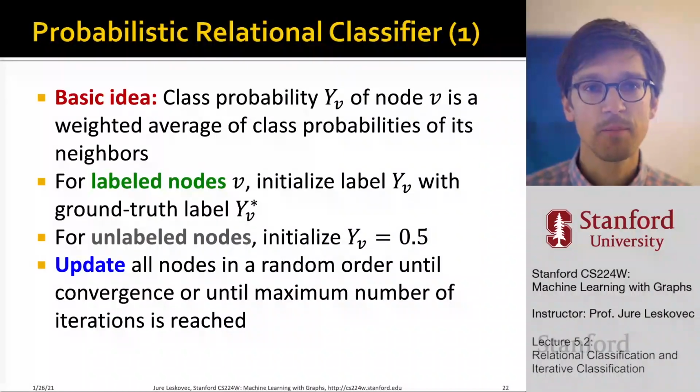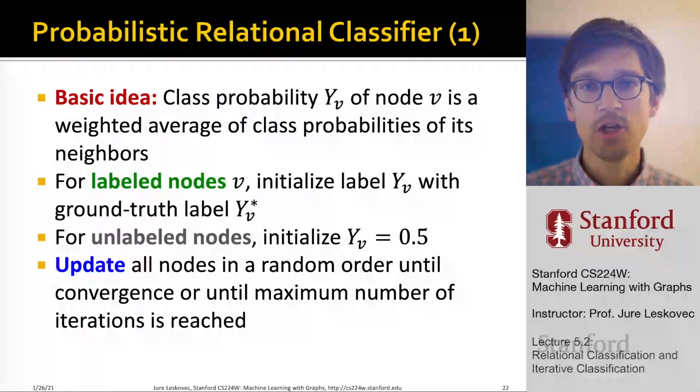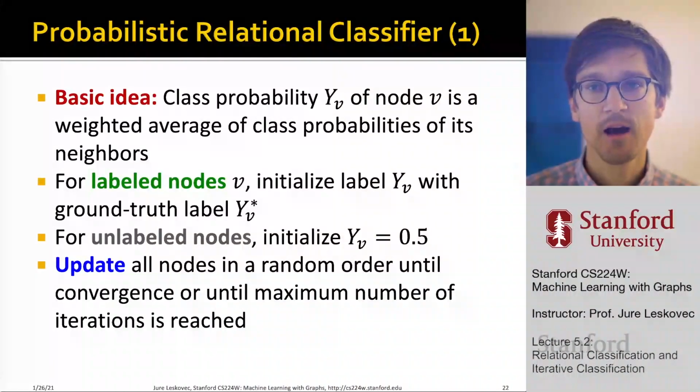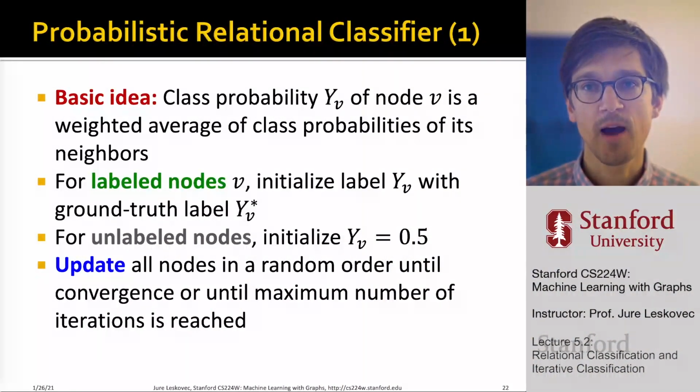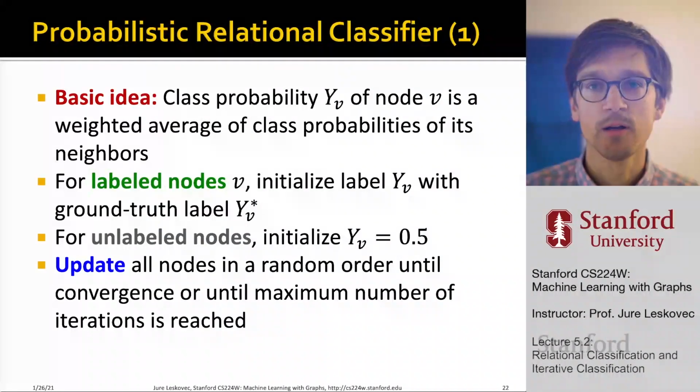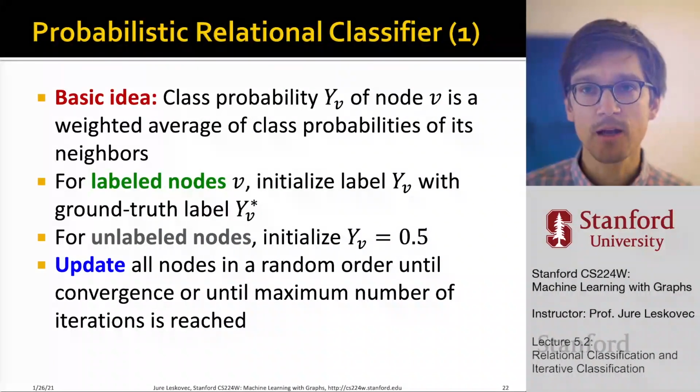And then for unlabeled nodes, we initialize their belief that, let's say, they have the color green to be, let's say, 0.5, so something uniform. And then nodes are going to update their belief about what color they are based on the colors of the nodes in the network around them. And this is going to iterate until it converges.